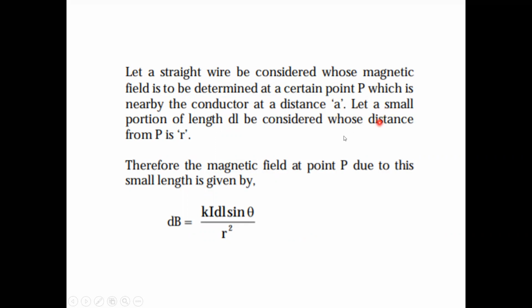Let a small portion of the conductor be taken as a length dl, and this dl is at a distance r from the point P. We have to calculate the magnetic field intensity at the point P due to this small length.